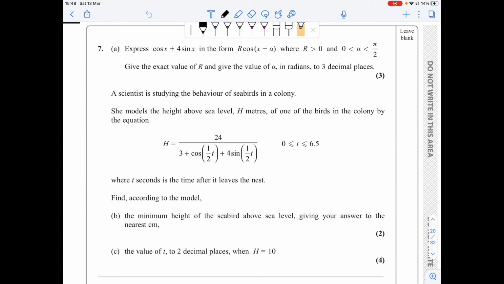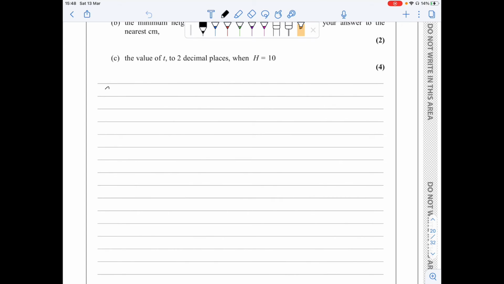In part A of this question, I need to change this expression into the form r cos of x minus alpha. So cos x plus 4 sin x is equal to r cos of x minus alpha, and this can be expanded as r cos x cos alpha plus r sin x sin alpha. Note here I only have one cos x.